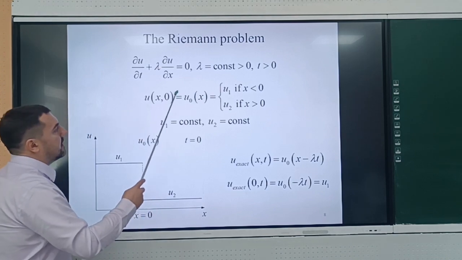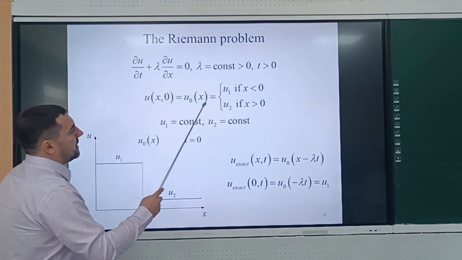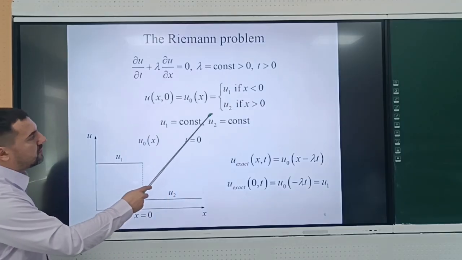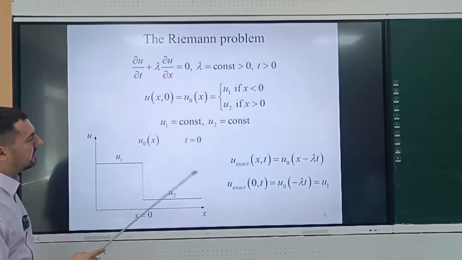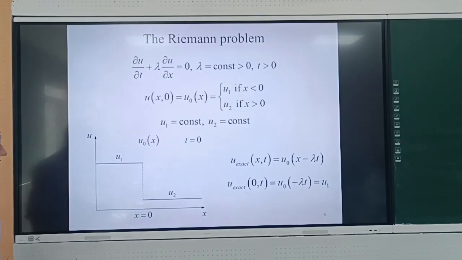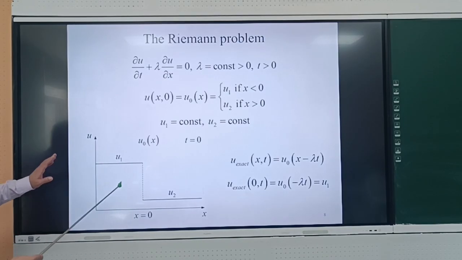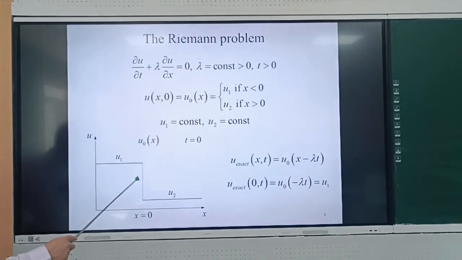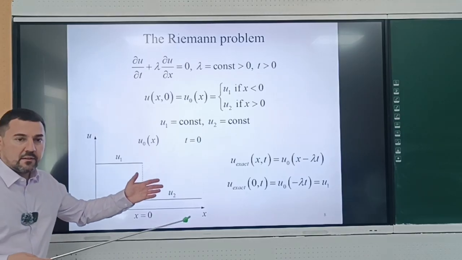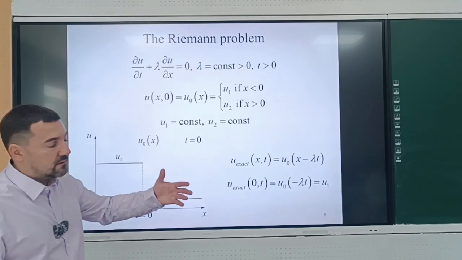Let's choose the initial function as u1 if x is less than 0 and u2 if x is greater than 0, where u1 and u2 are just constants. And the question is what the solution will look like at an arbitrary time instant t.